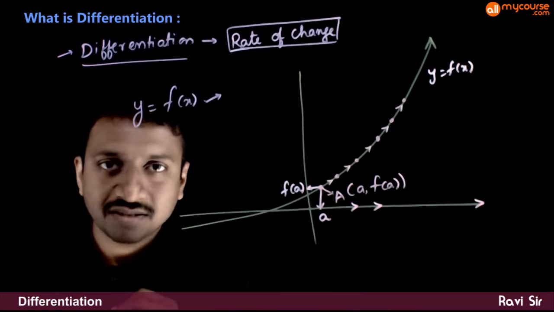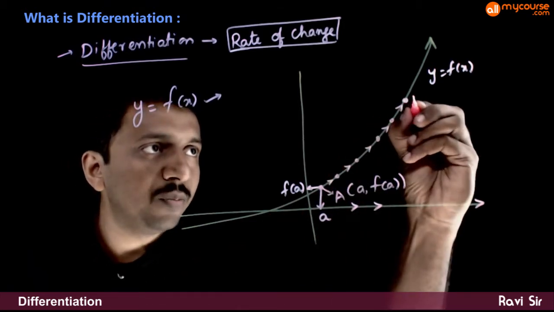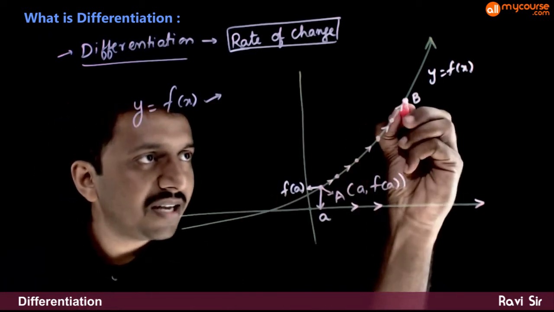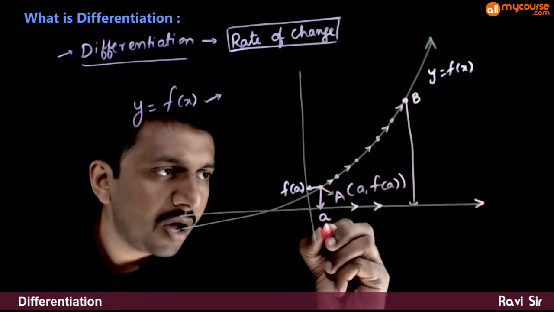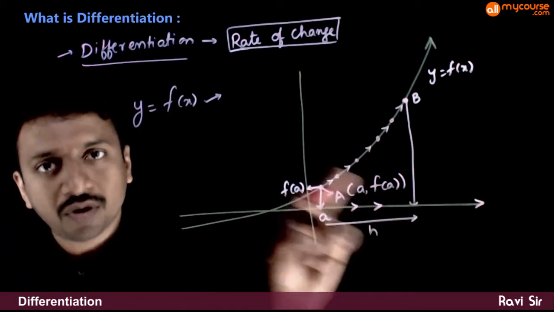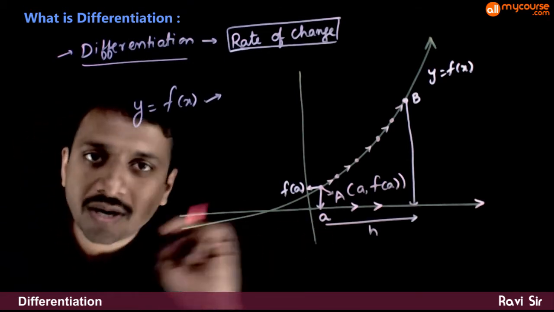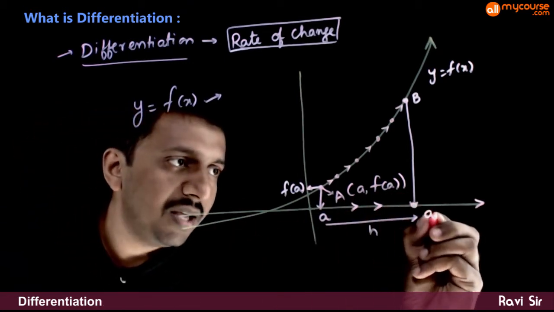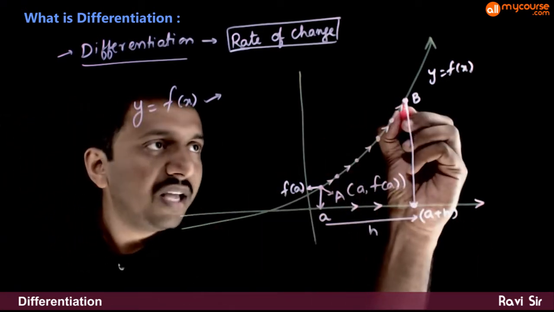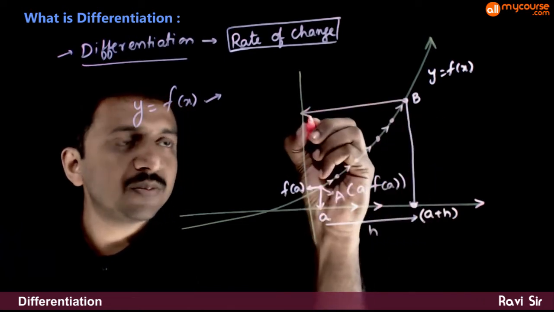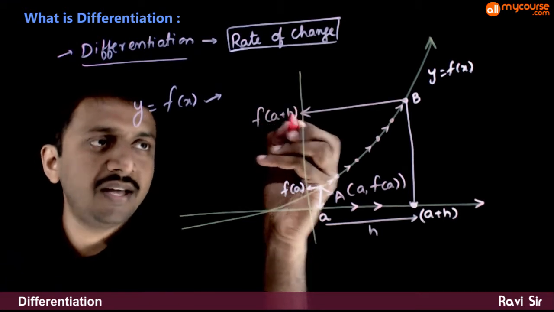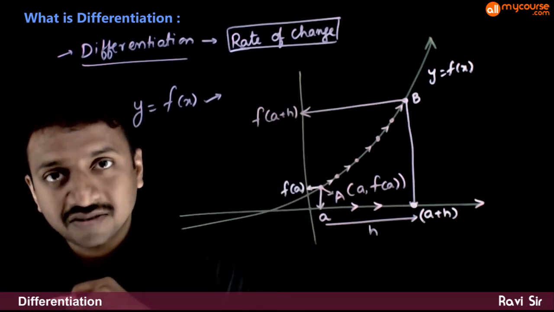Let us say that after some time you go to point B. You have moved forward through a distance h. If this x coordinate is a, what will this x coordinate be? It's nothing but a plus h, right? Now if the x coordinate is a plus h, correspondingly the y coordinate is nothing but f of a plus h.